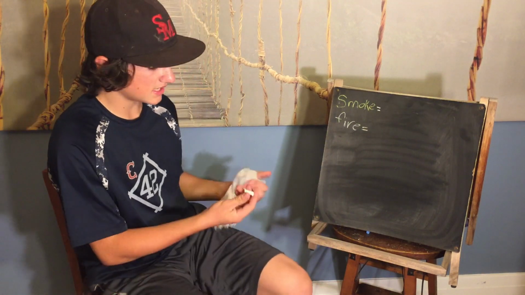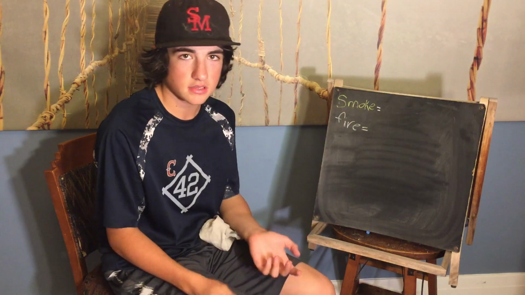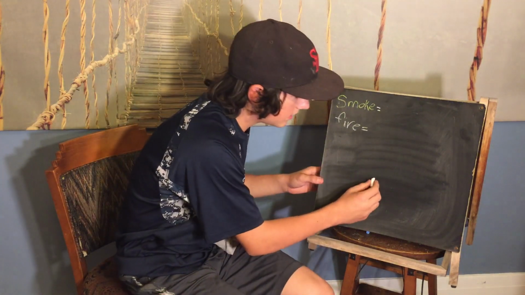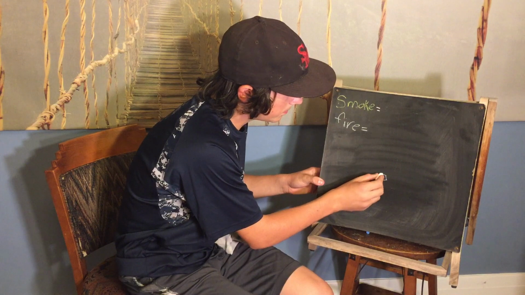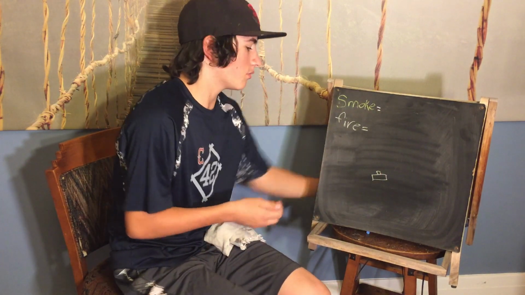Hey guys, as you saw in my second to last video, I blew out a candle that was lit, and I relit it by putting the match near the smoke that was coming off the candle. The way that works is, let's just draw an example right here. It's very easy. I just thought it was cool, so I added it in. When you blow out the candle, the smoke starts going everywhere.